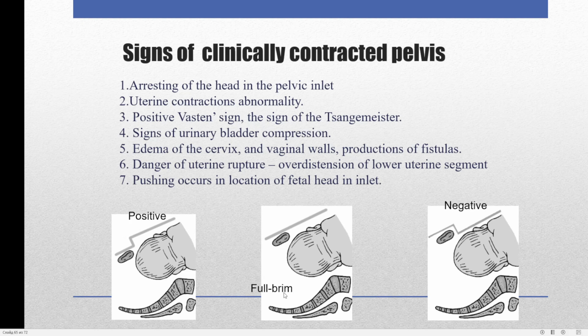We say that in this situation the Vasten sign is full brim, and the Vasten sign is positive when the presenting part is higher than the pubic symphysis. Of course, in this situation we have complications during labor. It's absolute cephalopelvic disproportion.